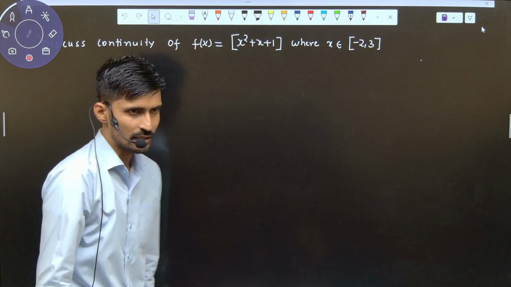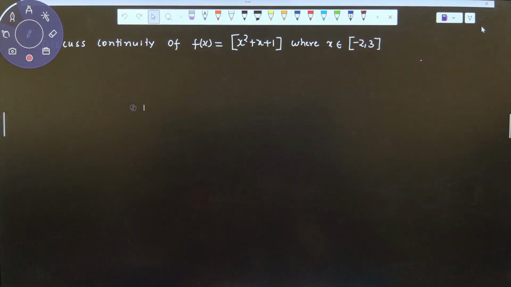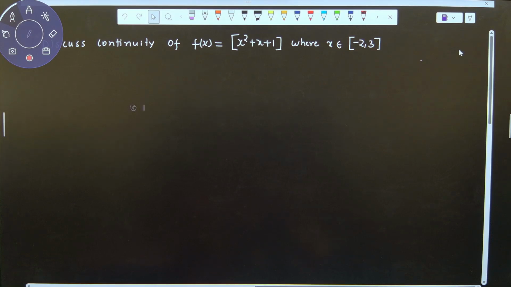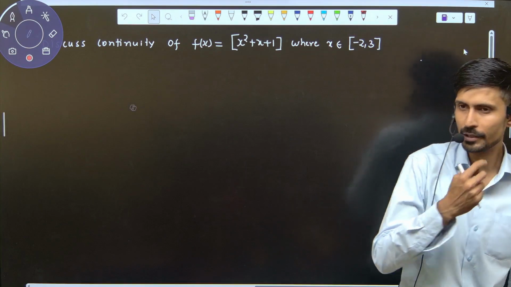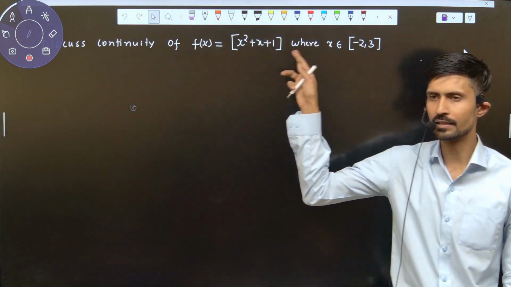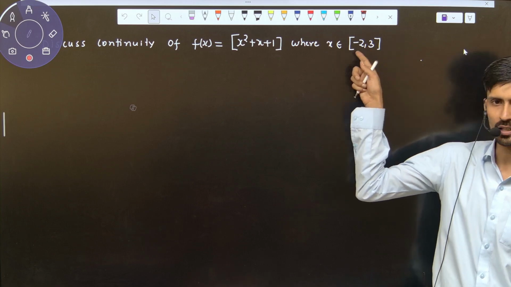So we have to discuss the continuity of this function, and this is the domain of x.